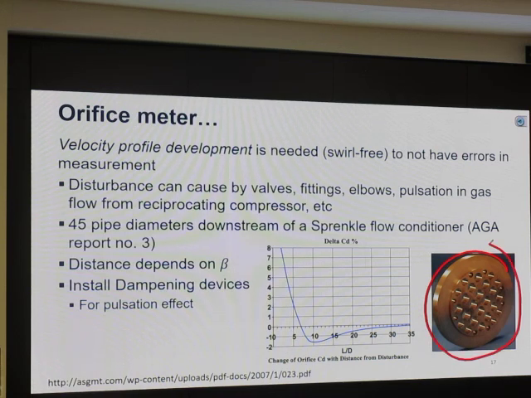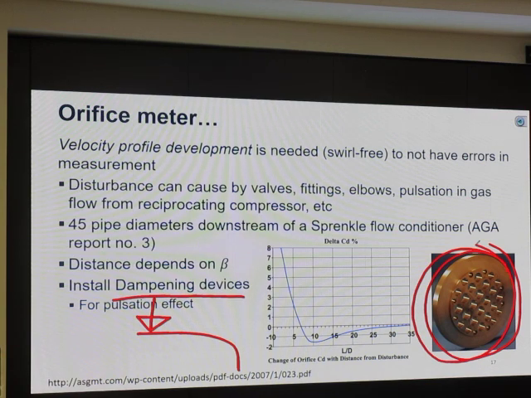What do we call this? Dampening device. So this is to straighten the flow line, the streamline. If we don't have enough distance from the inlet before the measurement point, we may put this in. Is that a dampening device or a flow conditioner? Flow conditioner, I'm sorry. This is a flow conditioner.